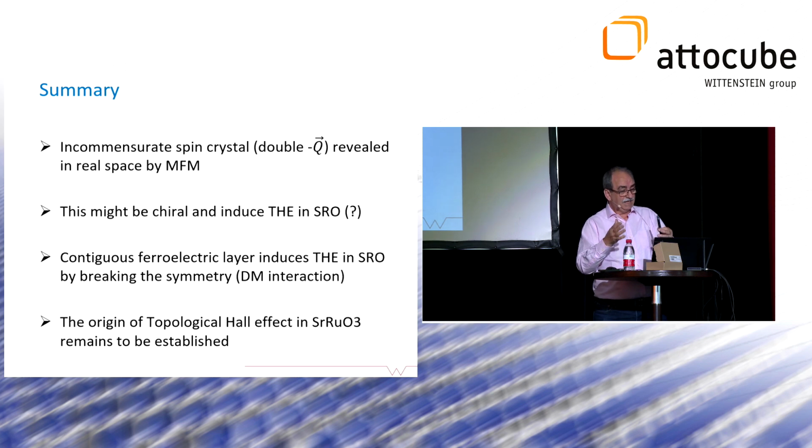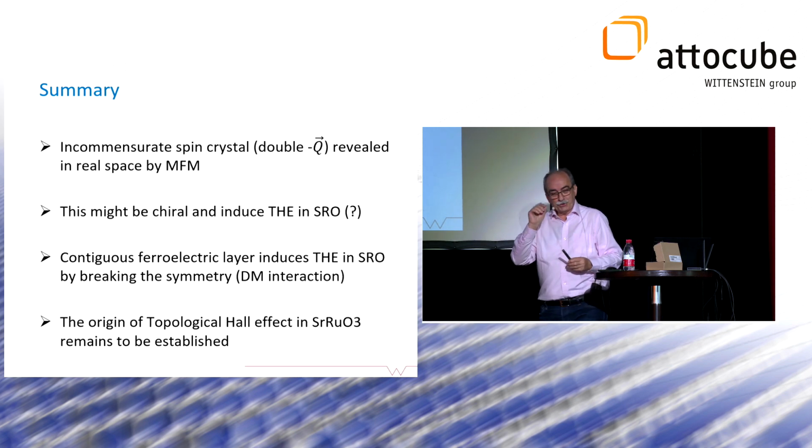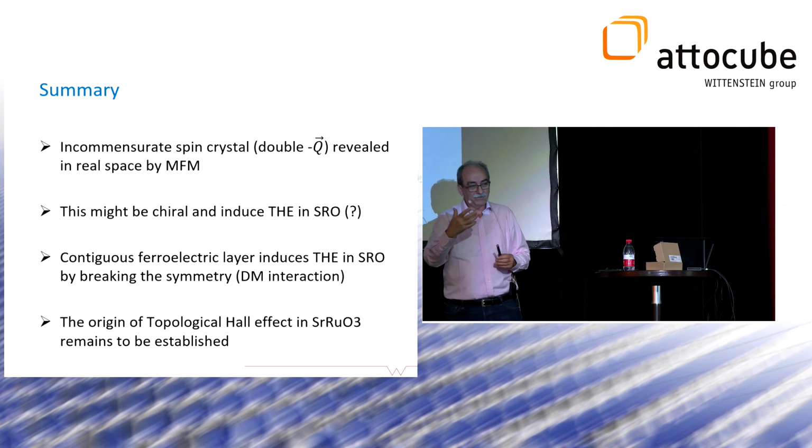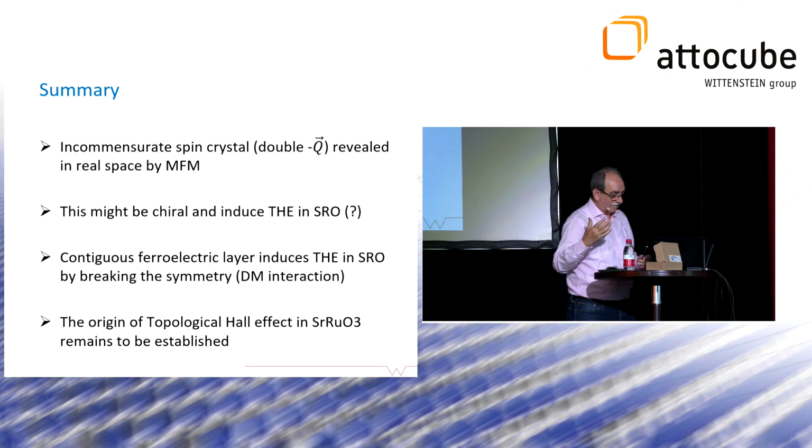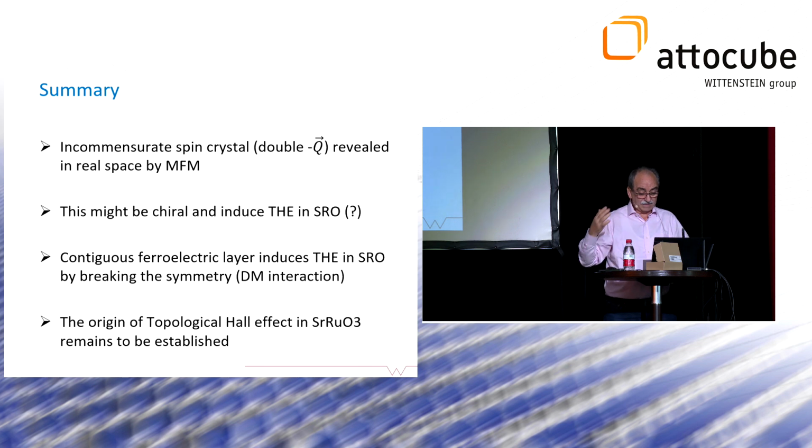And only one second to show, if you want, the serendipity of the work you can have. At the same time we're looking into vortices in lead titanate between strontium ruthenate electrodes.